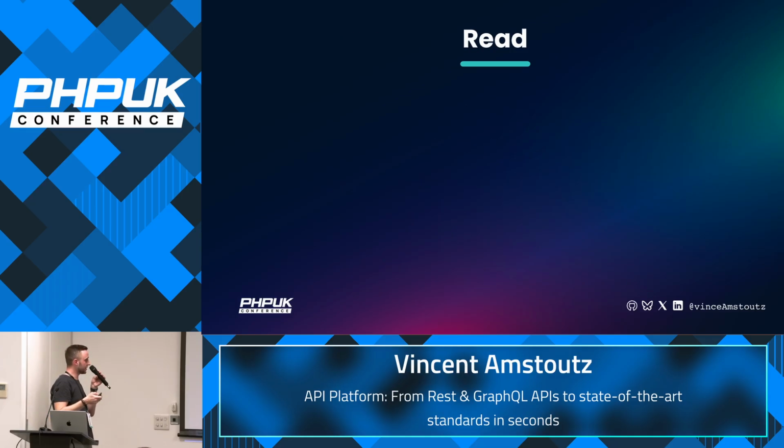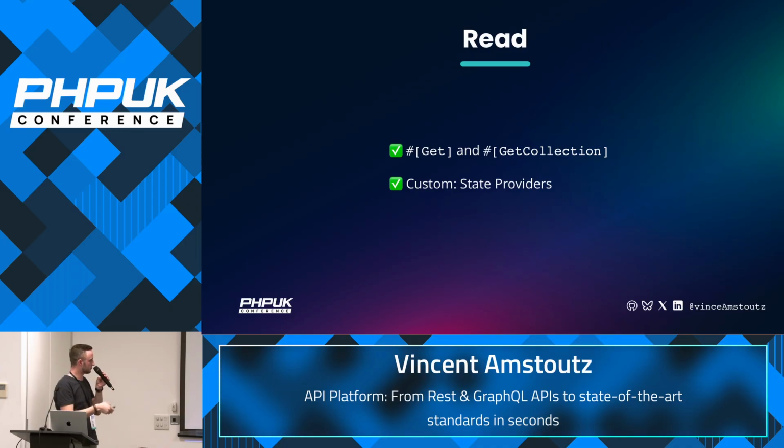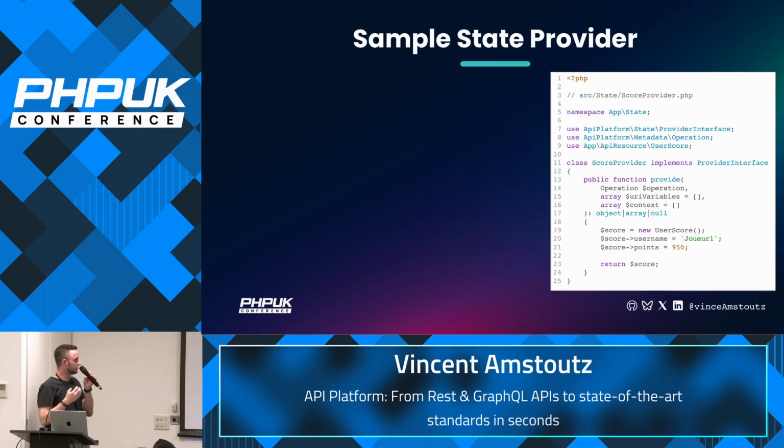For the reading part, we have the get and get collection default operations, but if we want to customize this, we can use a custom state provider. Here is a simple state provider. It's a class that implements the provider interface.